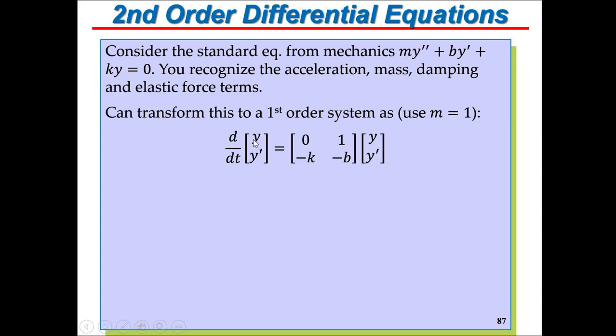And if we look at the first equation, it says nothing else but the derivative of y is equal to y prime. All right, y prime is the first derivative. So the first equation doesn't say anything new. And the second equation says the derivative of y prime, which is the second derivative, is minus k times y, as you can see from the equation, minus b y prime.